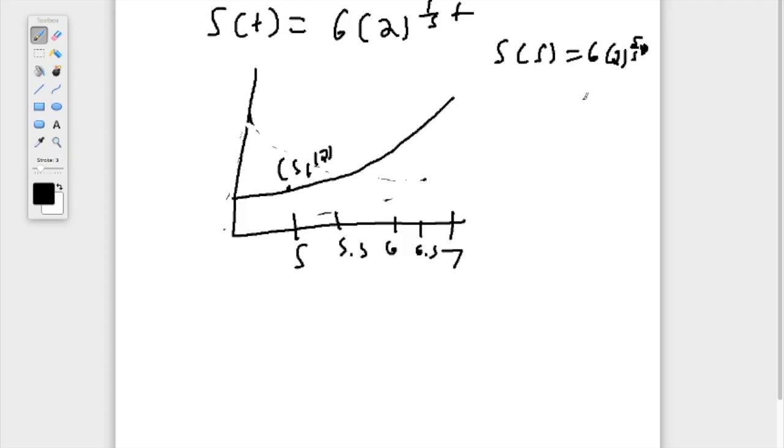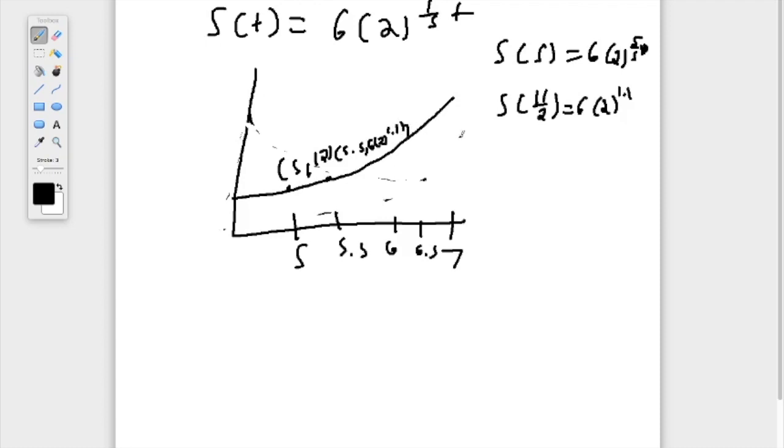And then we're going to plug in 11 over 2. So that's s of 11 over 2, and that equals 6 times 2 to the 1.1. Whatever that is, you can calculate that. So this would be (5.5, 6 times 2 to the 1.1).